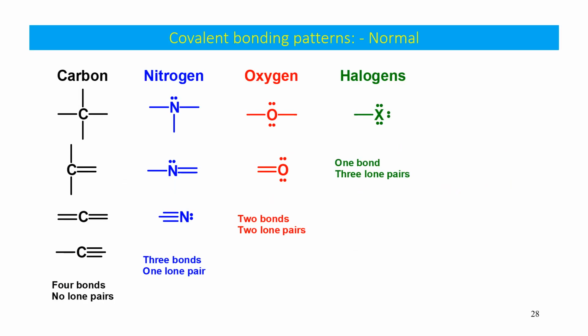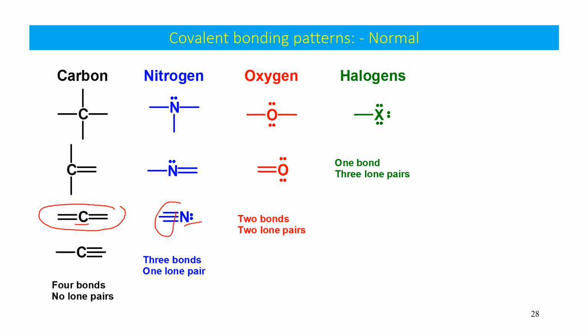Covalent bonding patterns are something you should familiarize yourself with. Herein, you can see that all these species are neutral. So carbon is always tetravalent when it's neutral. Even though we have here a carbon with two double bonds surrounding it, it is 1, 2, 3, 4 shared pairs. Nitrogen in its neutral form is always trivalent with a lone pair.